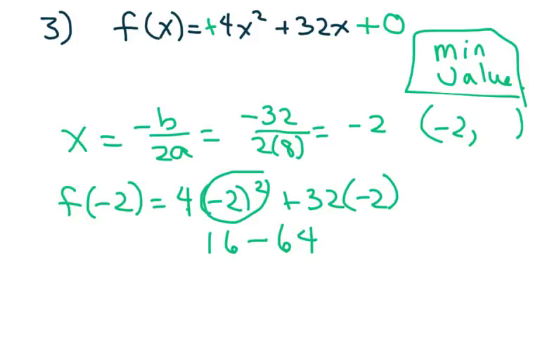And so what is that? 64 minus 16. That's going to be, if it's 20, it's negative 44. So it's going to be negative 48. So negative 48 is where that would occur. All right, so the minimum value at negative 2, negative 48.